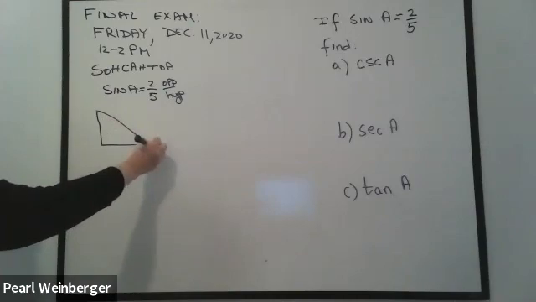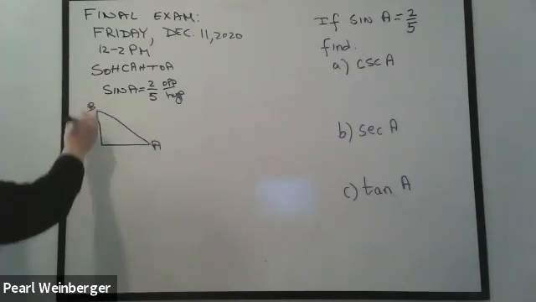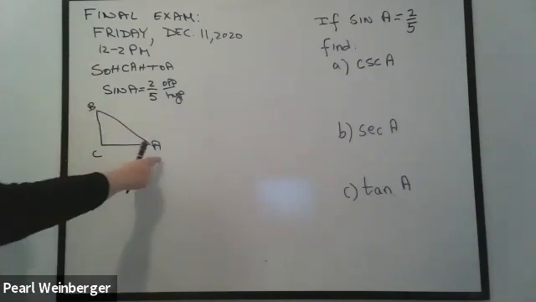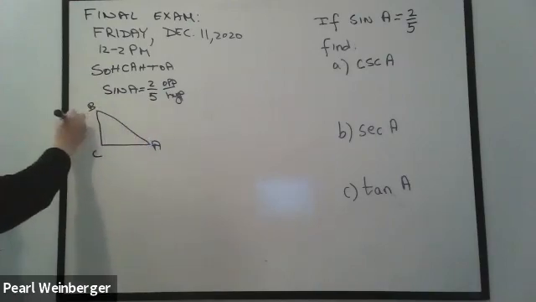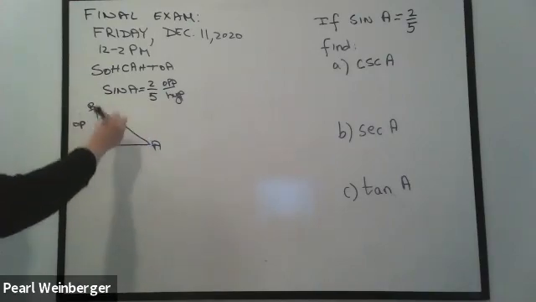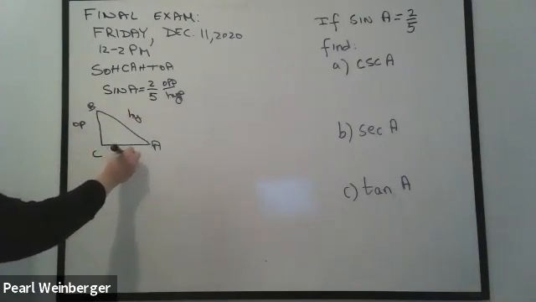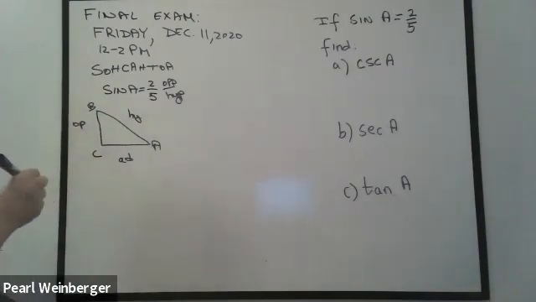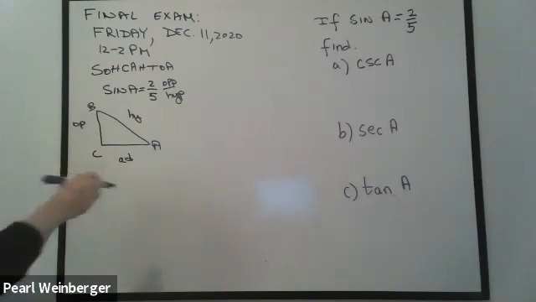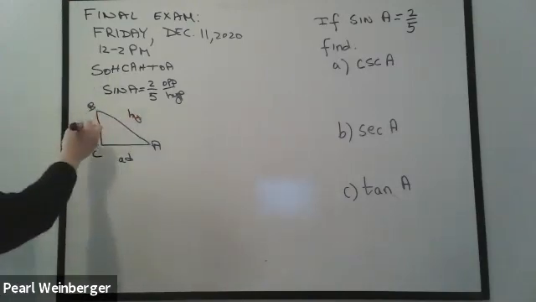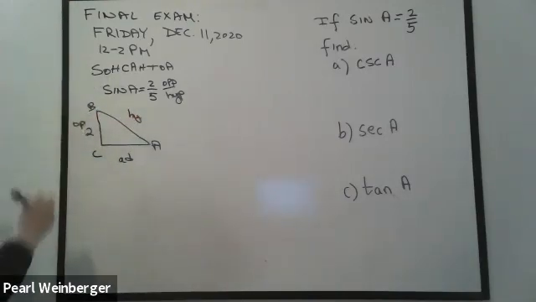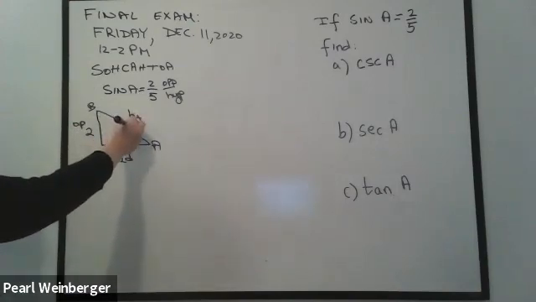Again, I'm going to make this my A, B, and C. And remember, in terms of A, this is my opposite side. This is my hypotenuse. And this one over here is the adjacent. So for this triangle, I'm going to pick this side to be the 2 and this side to be the 5.